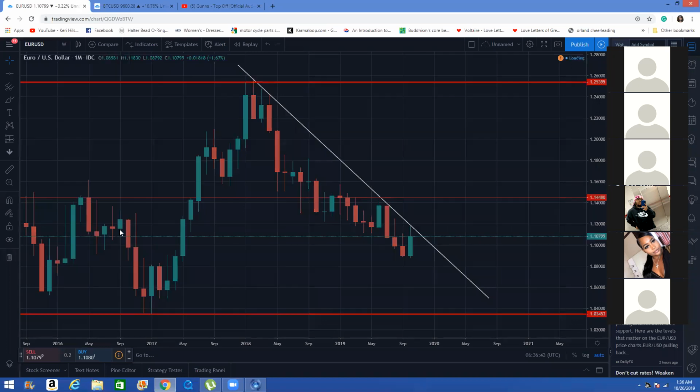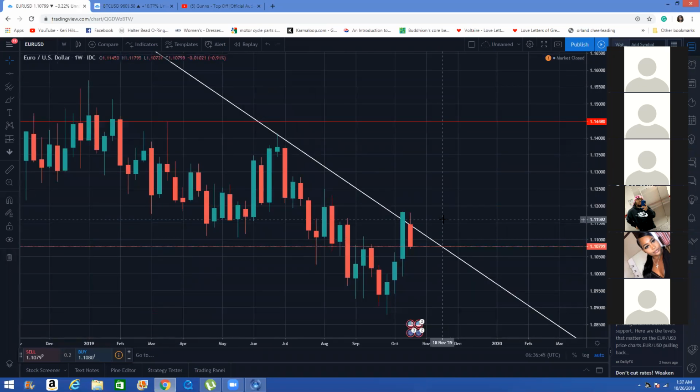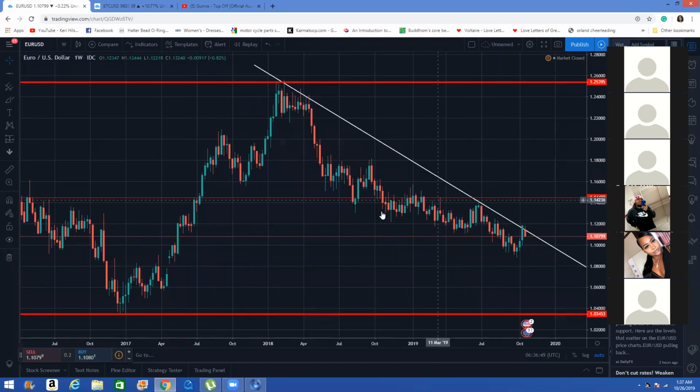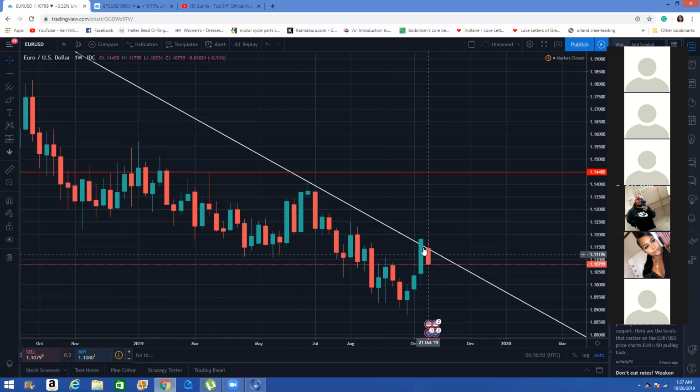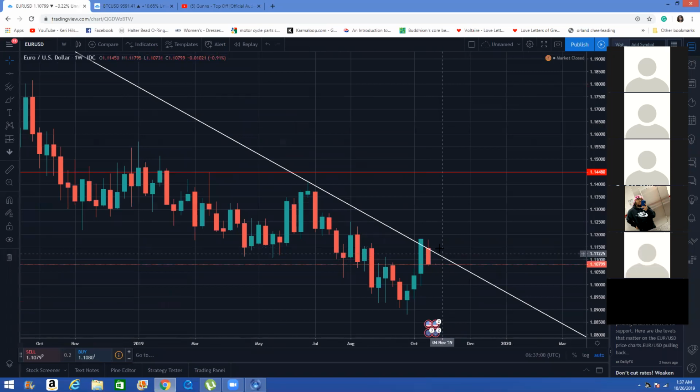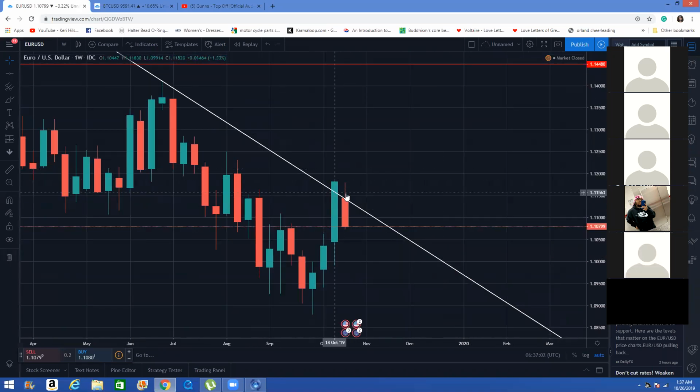But on the weekly chart or the lower time frames, you could be seeing the actual bodies of the candles getting to this trend line, reversing and making this move. So this bearish candle with this wick, rejecting this area, it tells you a lot. It tells you that it's trying to reject this area.